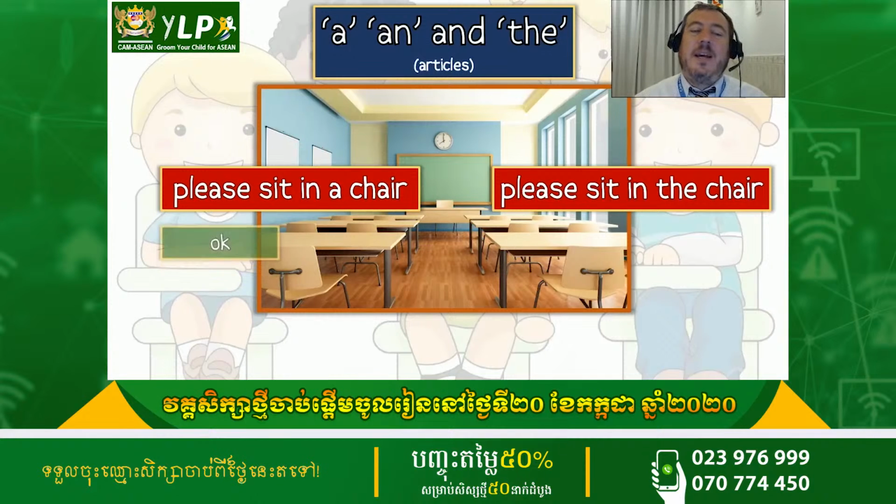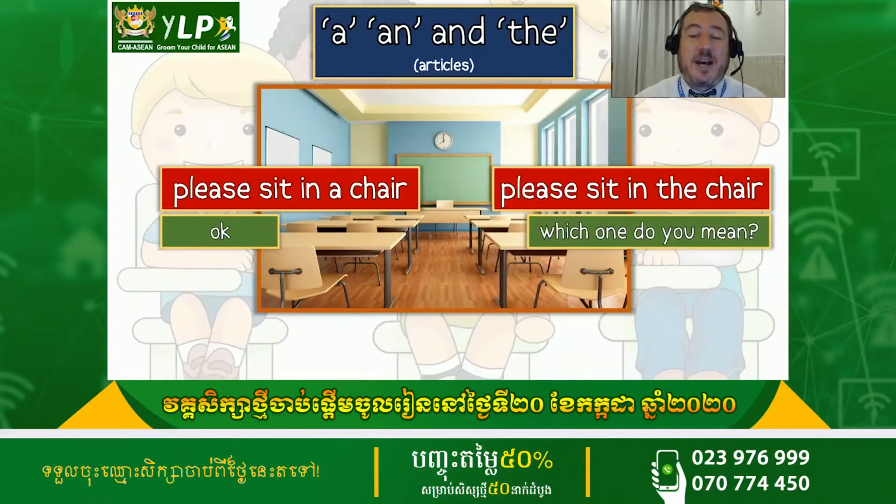Well, if I said to you, please sit in a chair, you would probably say to me, okay, and you would just maybe sit in the first chair that you saw. But if I said to you, please sit in the chair, you would have to ask me, which chair? Which chair do you mean? Why did you say the chair?